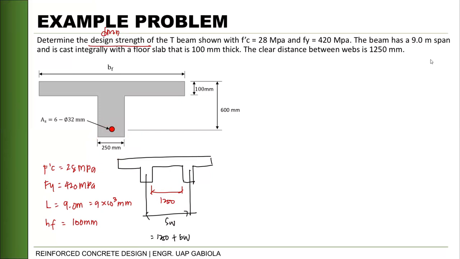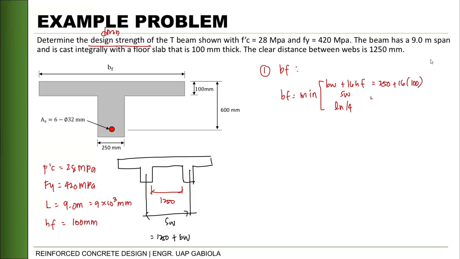So let's proceed with our step 1, identifying our bf. So, bf is equals to minimum of the three. So, we have bw plus 16 hf, Sw and Ln over 4. So let's substitute. We have 250 plus 16, height of flange is 100.